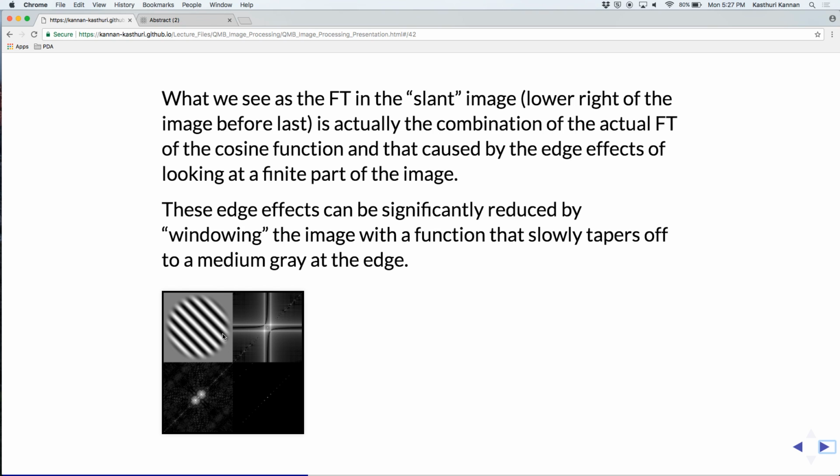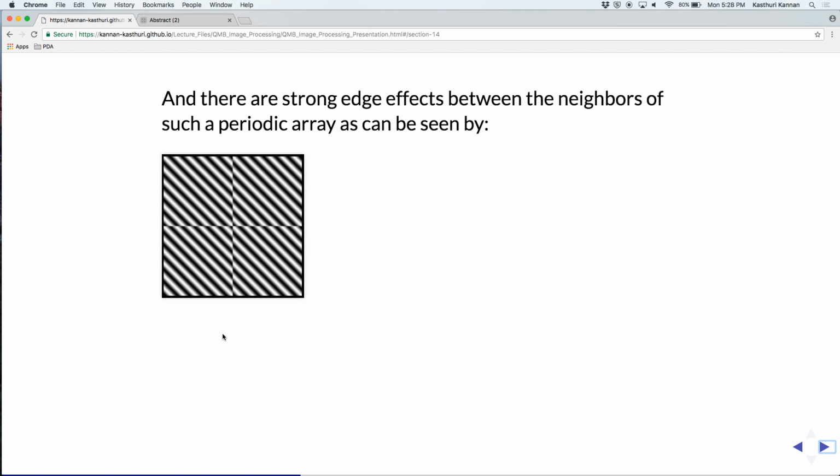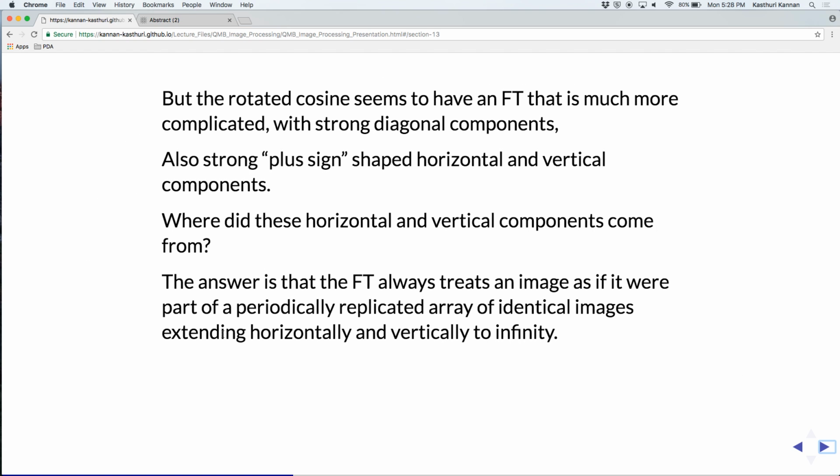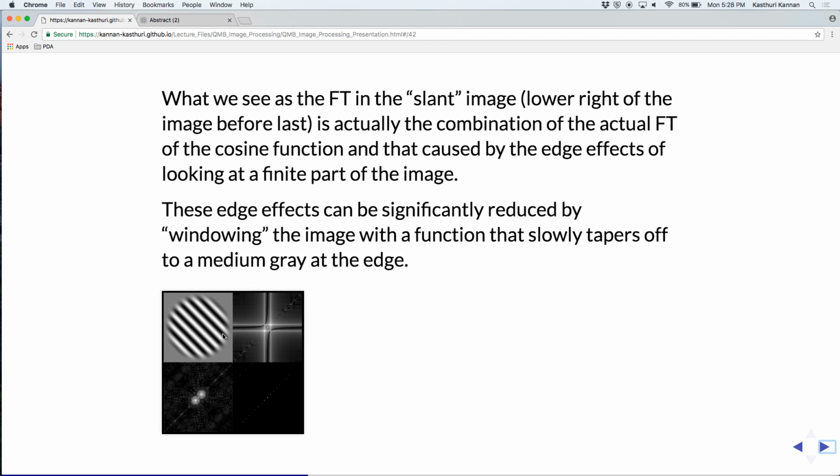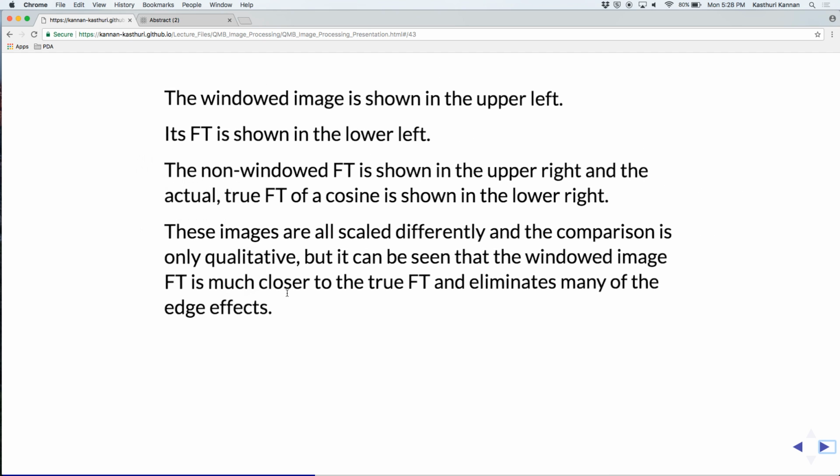So in general, if you have edges, they are going to produce some strong contrast in your Fourier transform images. We will see an example of that in more detail, but in general, if you have strong edges, the edges of the images will tend to produce a sharper contrast with high frequencies in there, just like you see it here, okay?